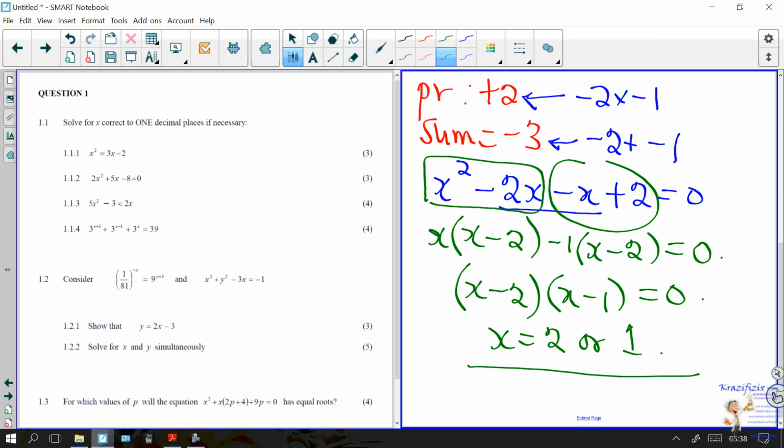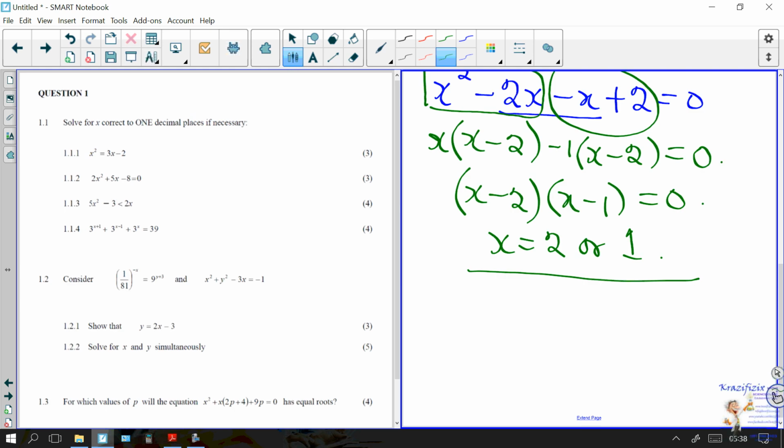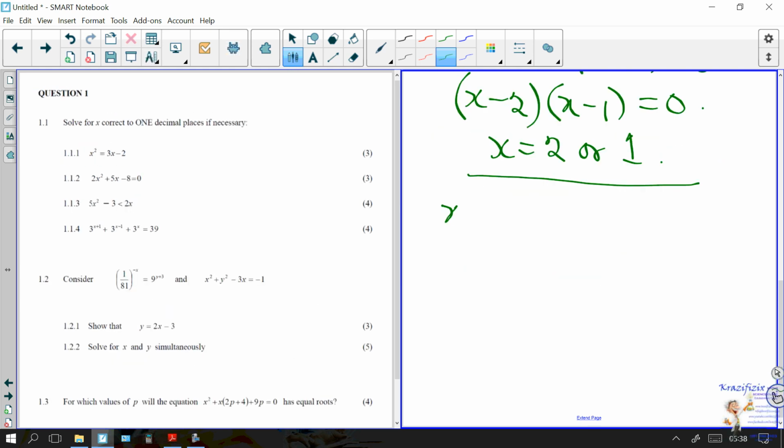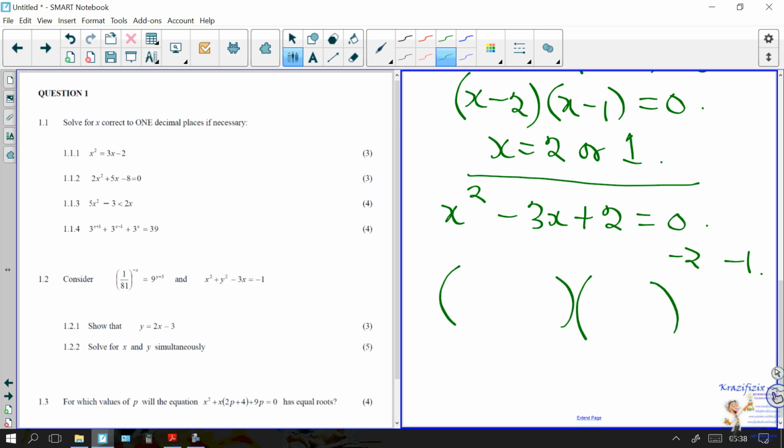That's if you're in grade 10. That's the basic foundation of what we do. But if you are advanced, you can actually do this now. Minus 3x plus 2 equals 0. Already you have your factors negative 2 and negative 1. So all you need to do, but you must understand the basics first, is this: you have x there and x there. This x comes here and this x comes here.